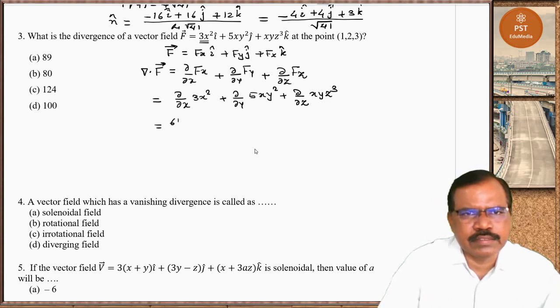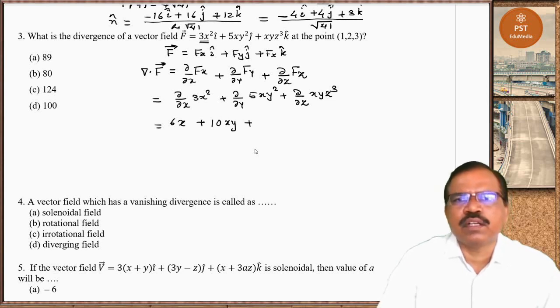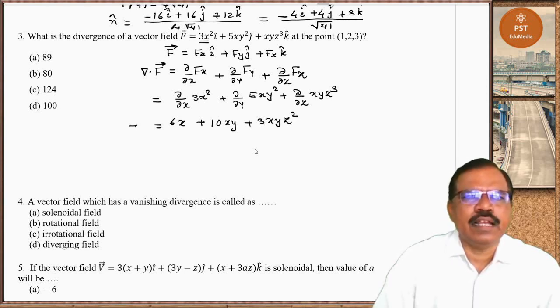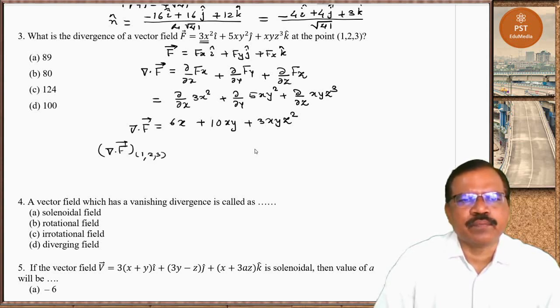So we get here 6x plus, now 5xy square, so it is 10xy, plus what? 3xyz square. This is del dot F. Now we can find del dot F at 1, 2, 3.